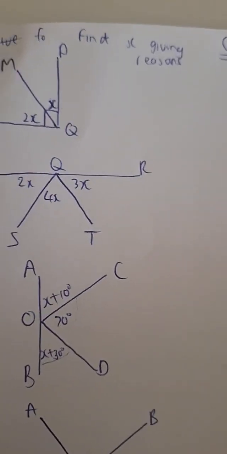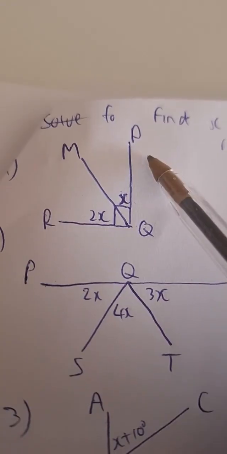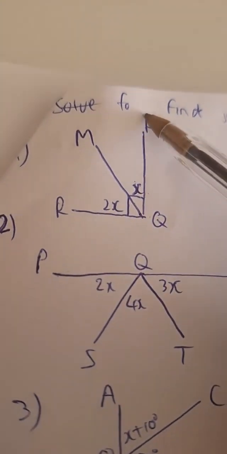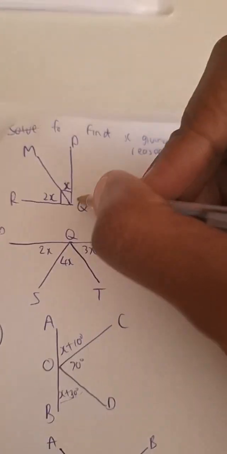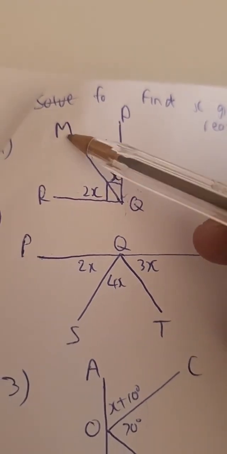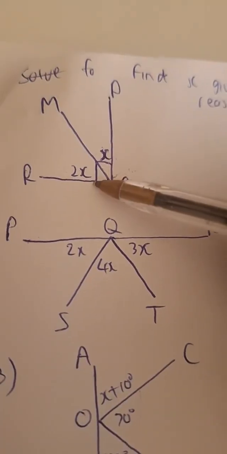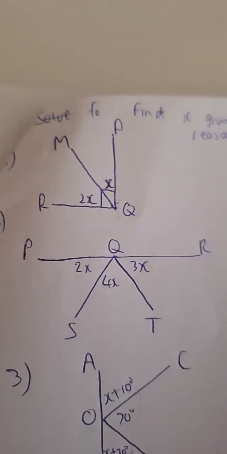All right, I'm back. Let's jump right into it. If we look at this diagram, we've got PQR, we've got M, we've got line PQ, line RQ. They are joined there, and then we have x and 2x, and this box, which stands for perpendicular, meaning the angle there is 90 degrees.